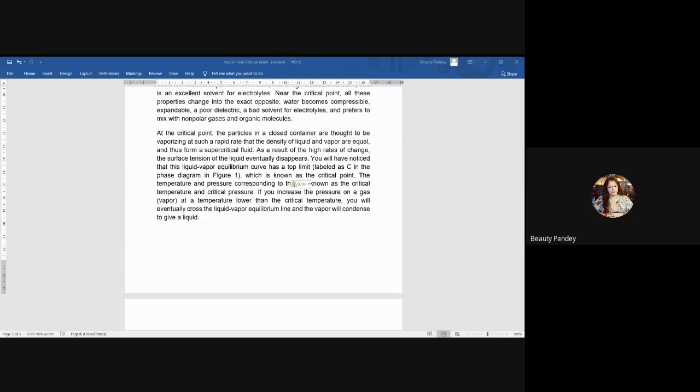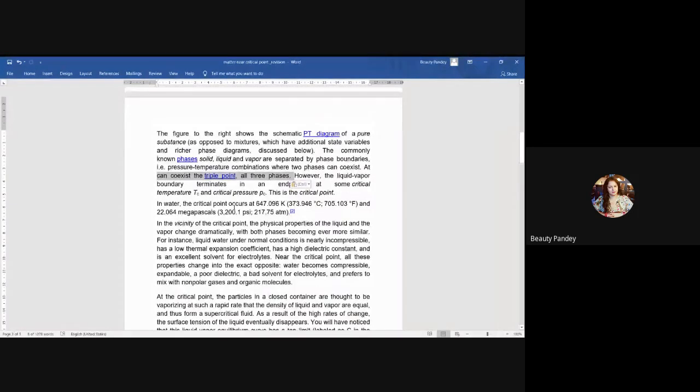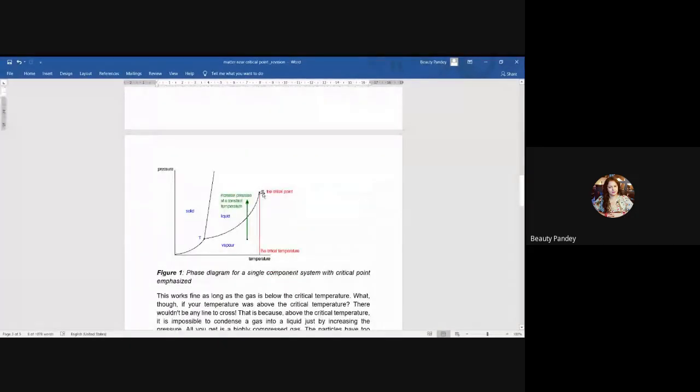So the critical point is the point where both the liquid and gas phases coexist. In fact, it is that point where both the liquid and vapor phases become interchangeable.